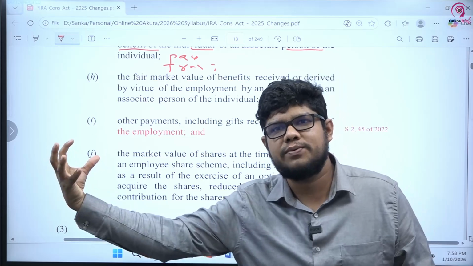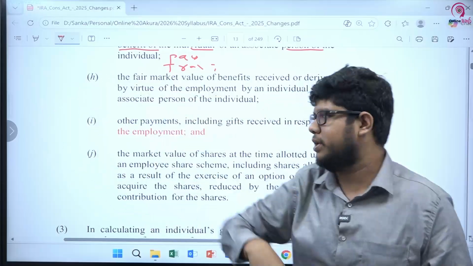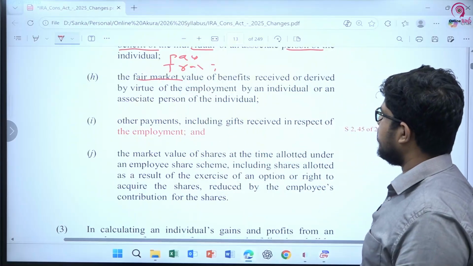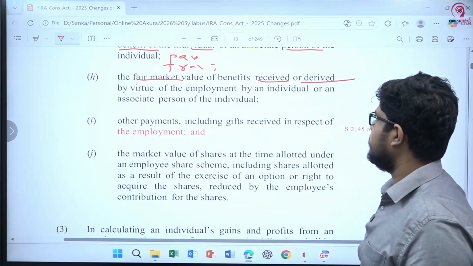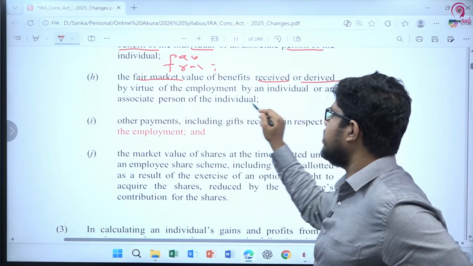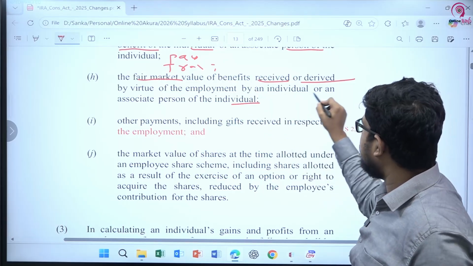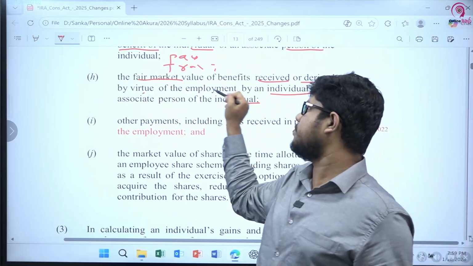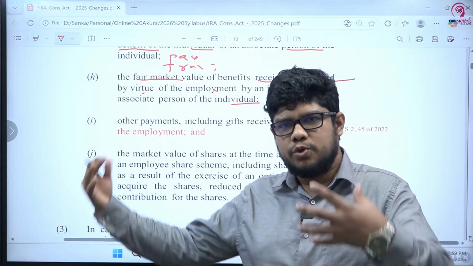Maybe you are not receiving it in cash, but there could be any other benefit. For that benefit, you need to take fair market value. And it should be received or derived by the individual or an associate person of the individual by virtue of the employment, right? Because of the employment, you are receiving some benefit.